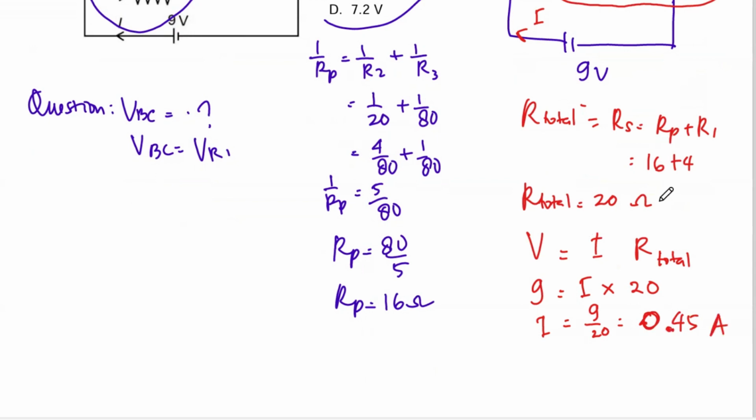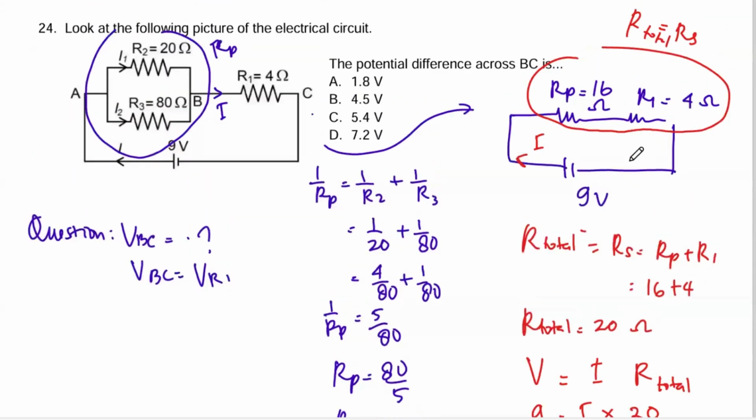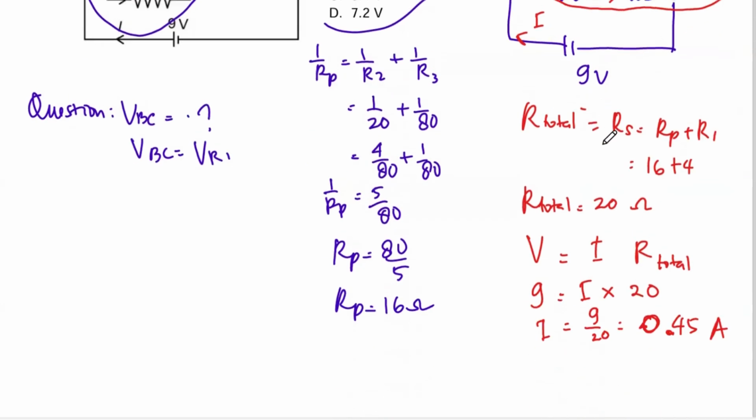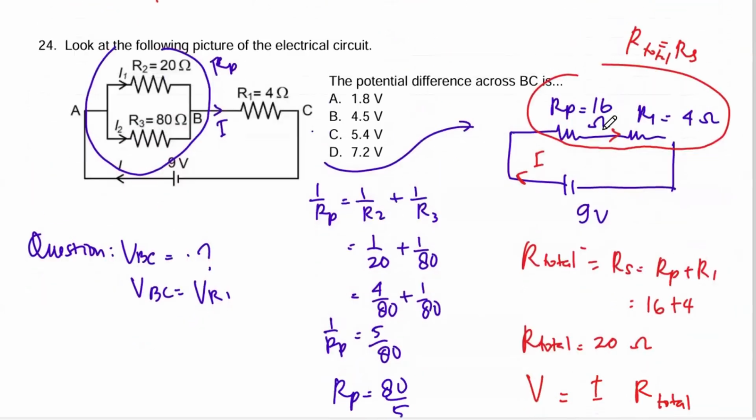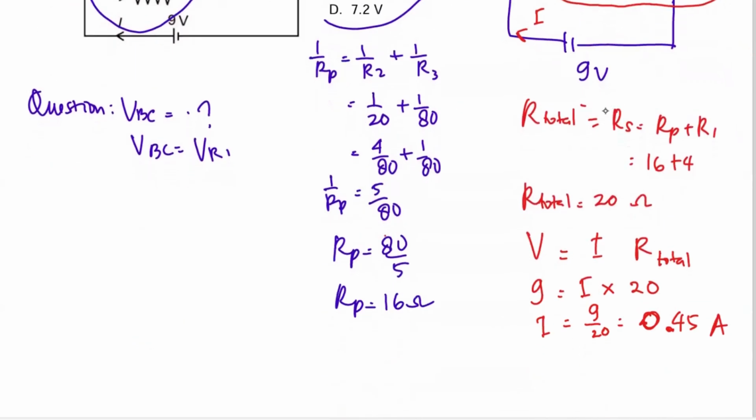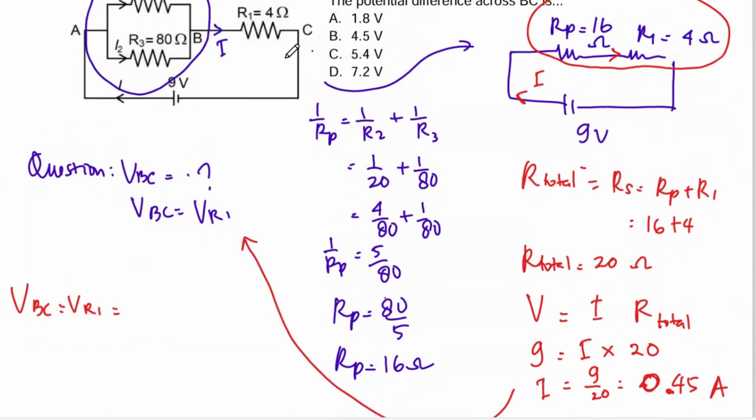So that's I. After you got I, which is the one that passes through R1, you can count V across BC, or V across R1. So V across BC equals V across R1.